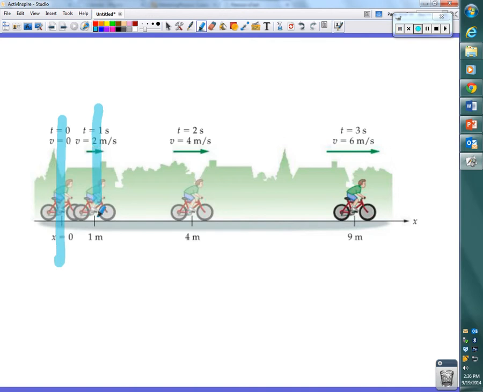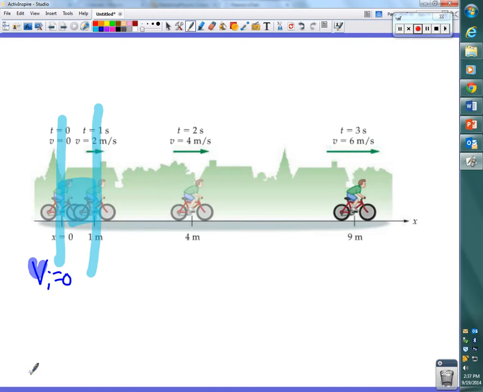All right? So let's talk about this interval between here and here. The initial velocity of the guy on the bike during this interval was what? Vi equals 0.